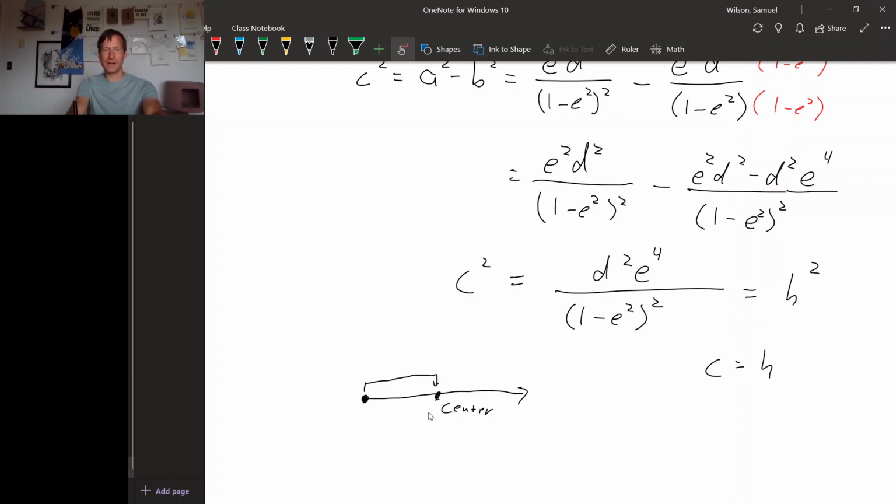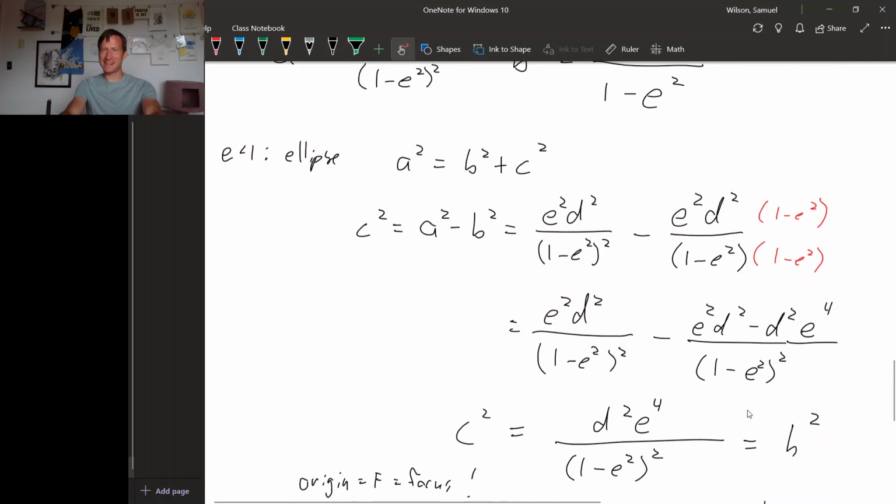And so the center gets shifted to the right by this amount, but also the focal radius means that the focus is c units to the left, but that's back at the origin. So the origin in this whole setup, remember, was f, and it turns out that is the focus of the ellipse that we get, or a focus of the ellipse.